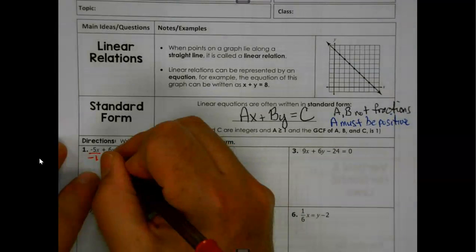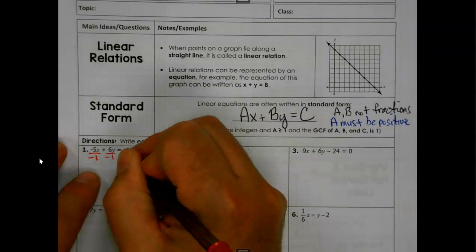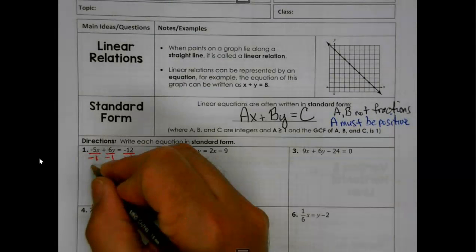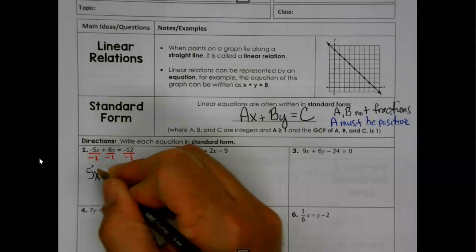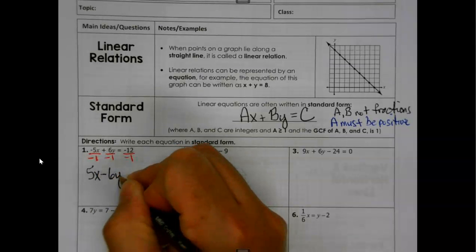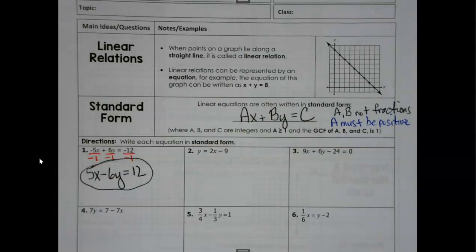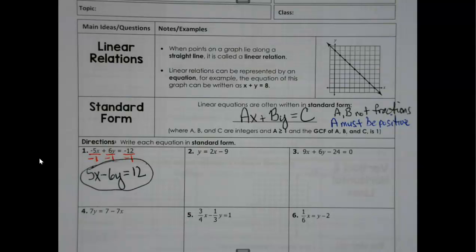But reminder, whatever you do to one piece, you must do to all. So all of them are going to be divided by -1. Then we check all three boxes. A and B on one side, A and B not fractions, A is positive. Once that's good, we're good.